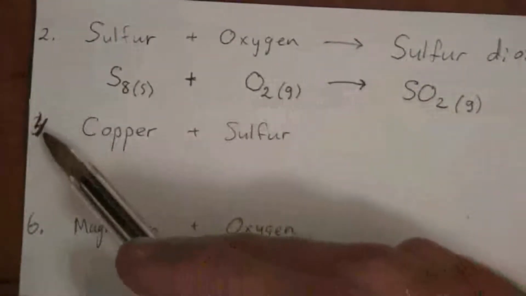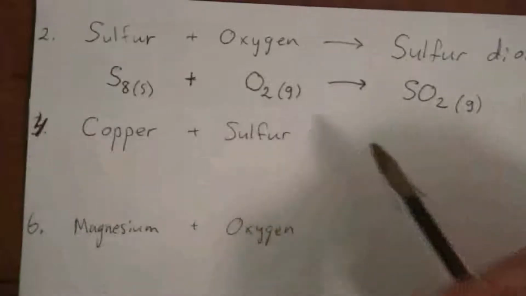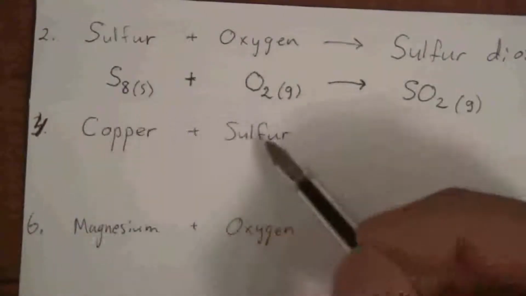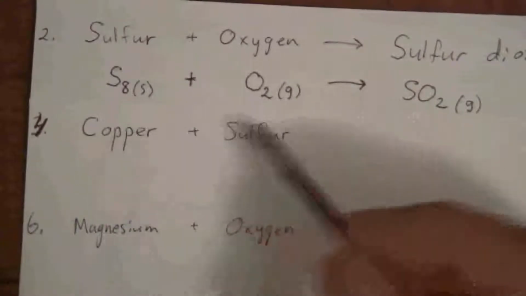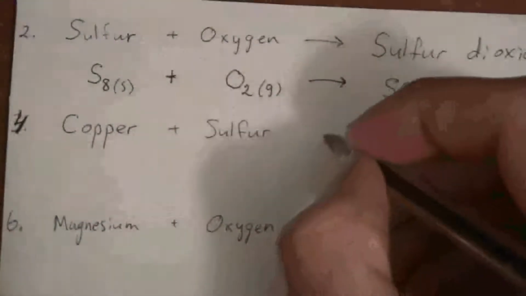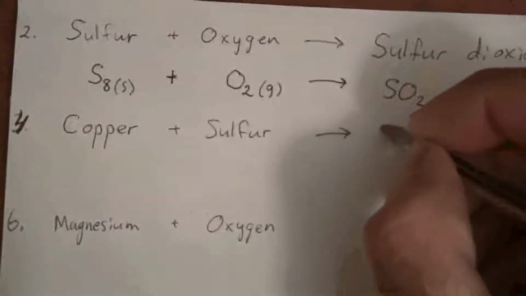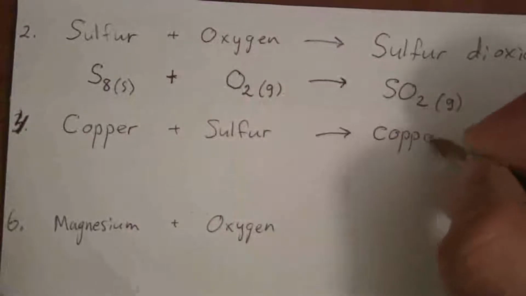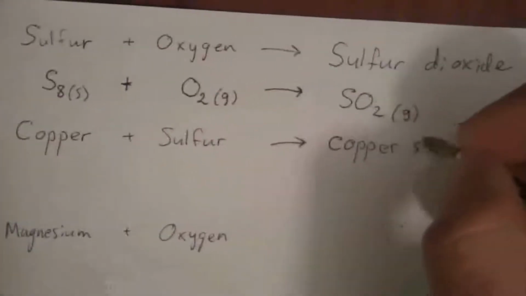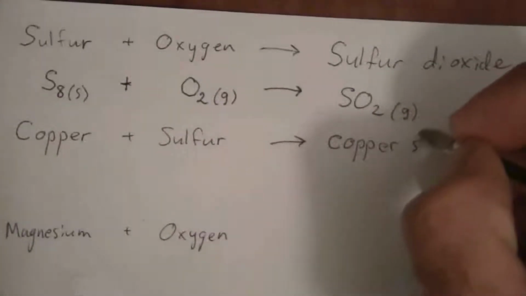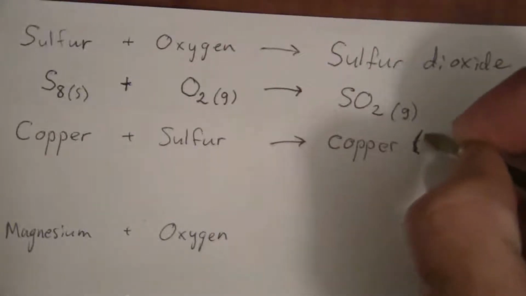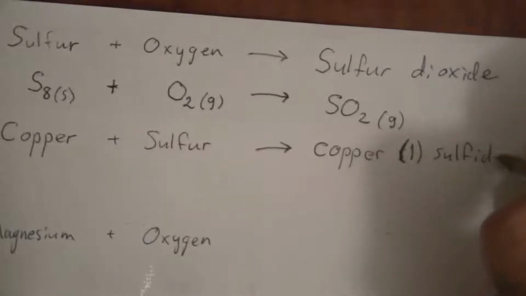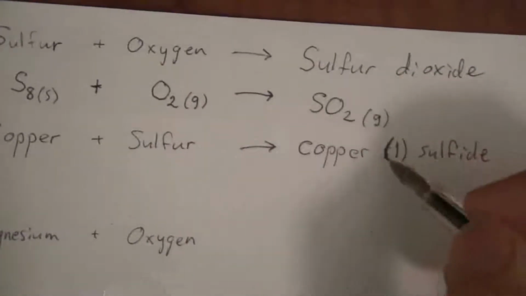Moving on to question number 4, which asks for the equation for the combination of copper and sulfur. This was the main reaction that we did there. You'll recall that it formed a copper sulfide, but it wasn't just any copper sulfide. It was copper 1 sulfide. You remember there are 2 possibilities for copper.